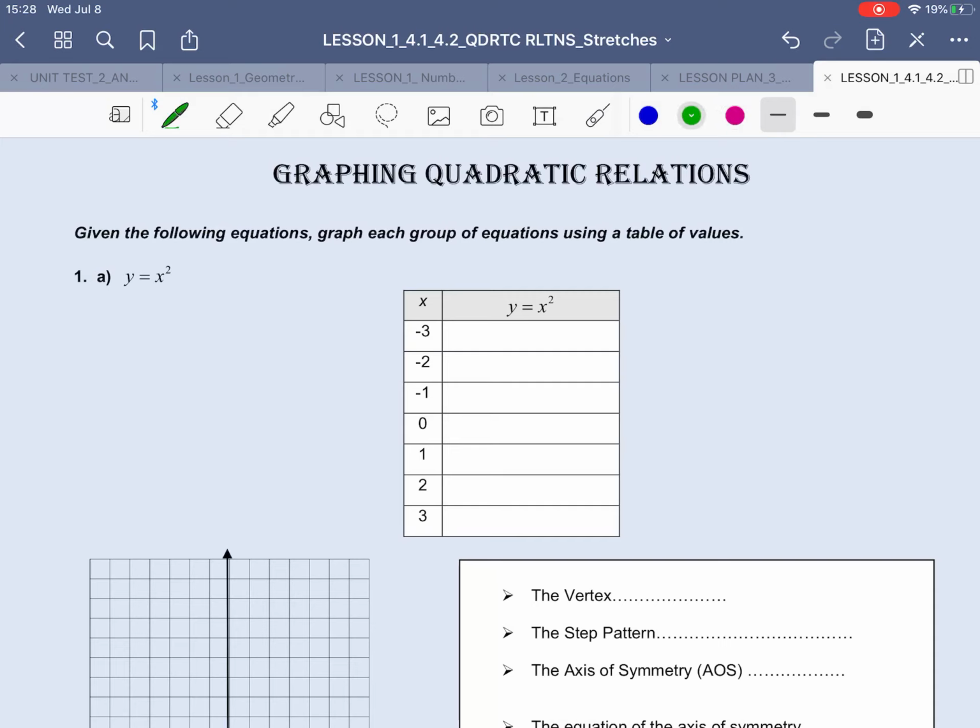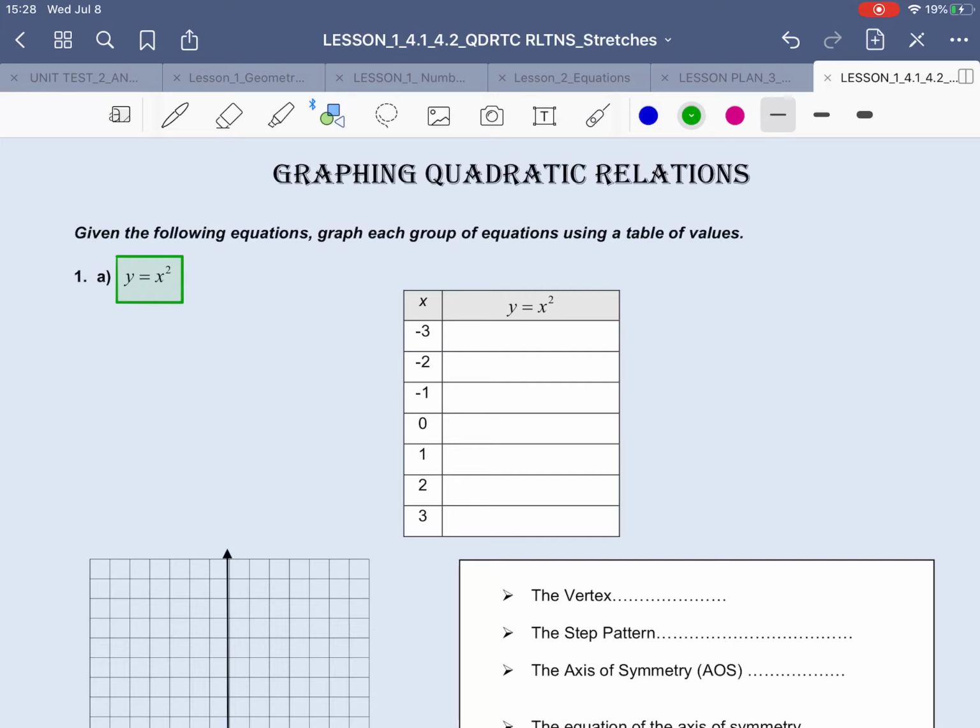And here I will introduce you to the simplest form of a quadratic relation, which is y equals x squared. And together, I'm going to make this square very perfect, actually, a rectangle. Together we are going to graph this.